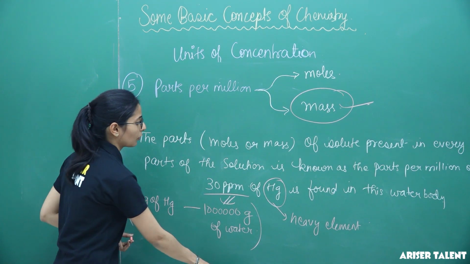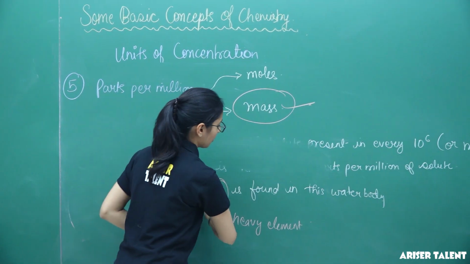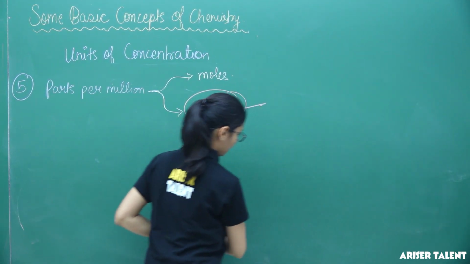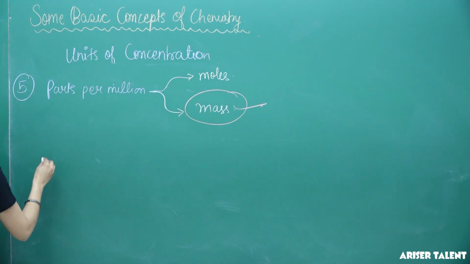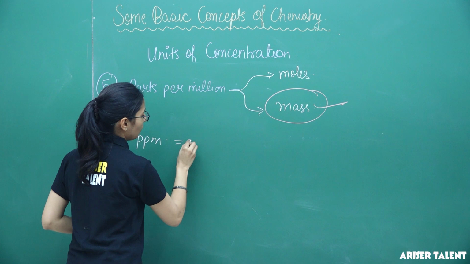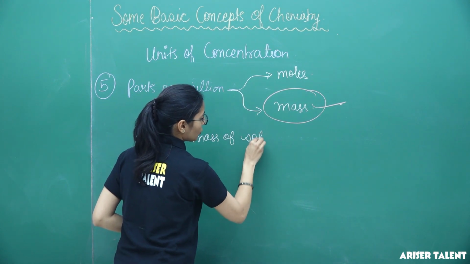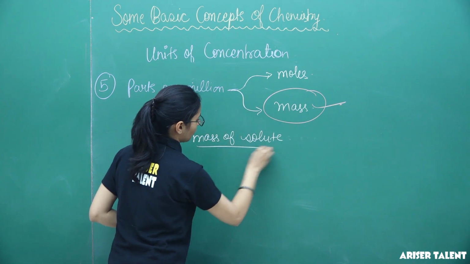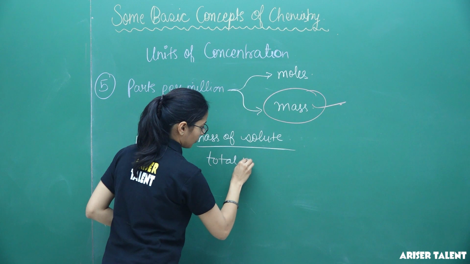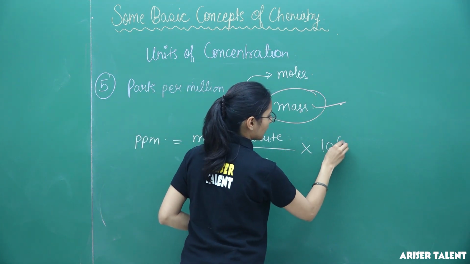So, let us write down the formula. The formula for ppm, which is parts per million, is equal to mass of solute divided by total mass into 10 to the power 6.